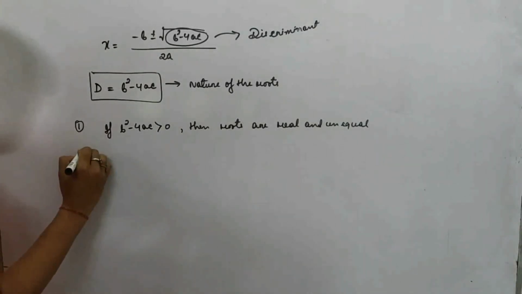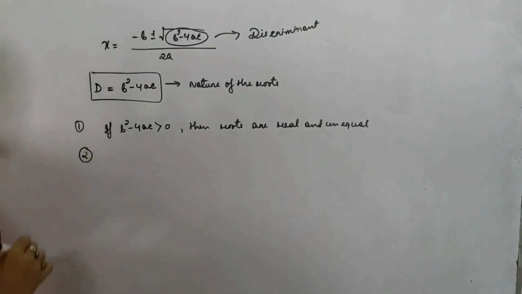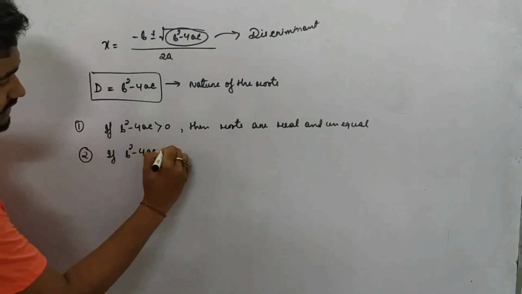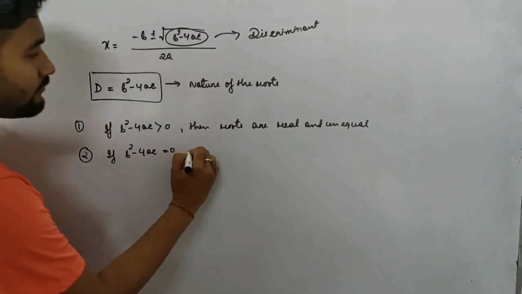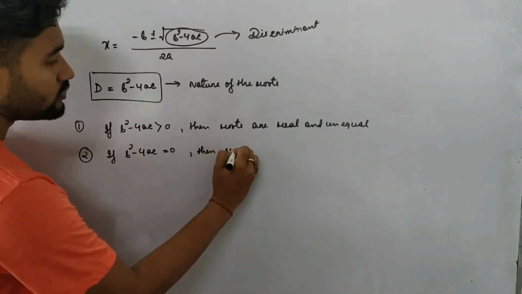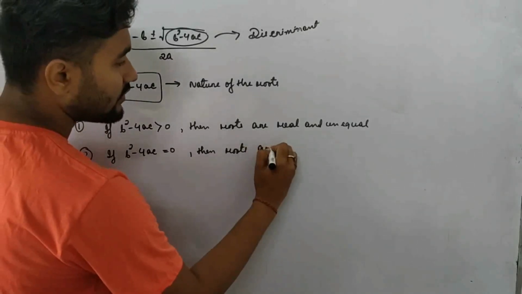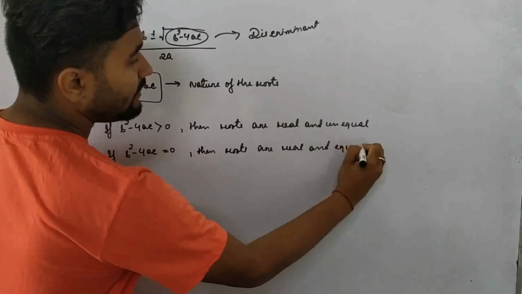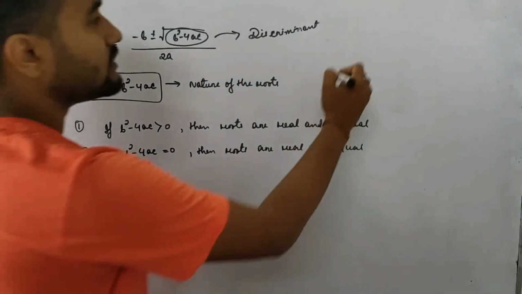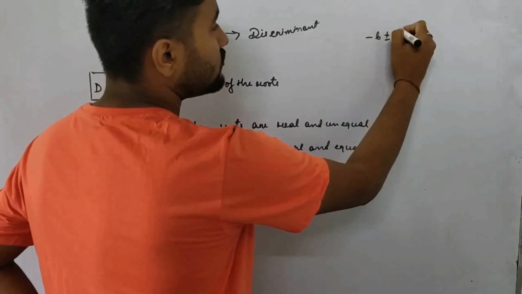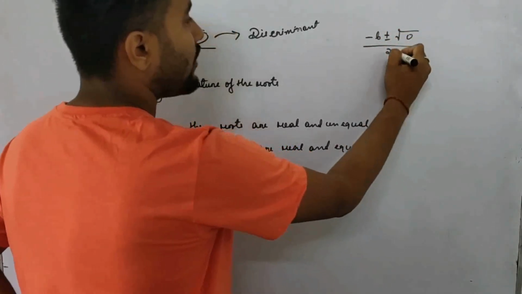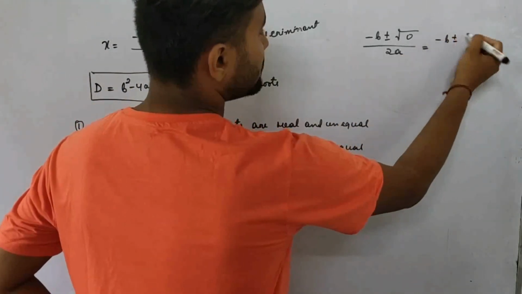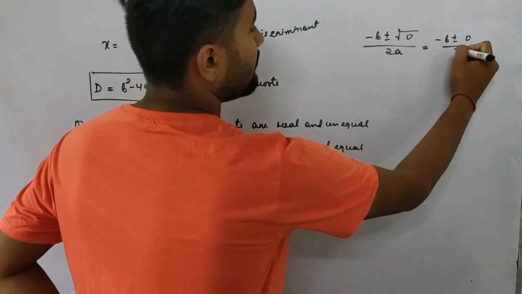Now point number 2. If b square minus 4ac is equal to 0, then roots are real and equal. They will be equal if this is 0. So clearly, if you see minus b plus minus root over 0 by twice a, this will be minus b plus minus, root over 0 is 0, by twice a.